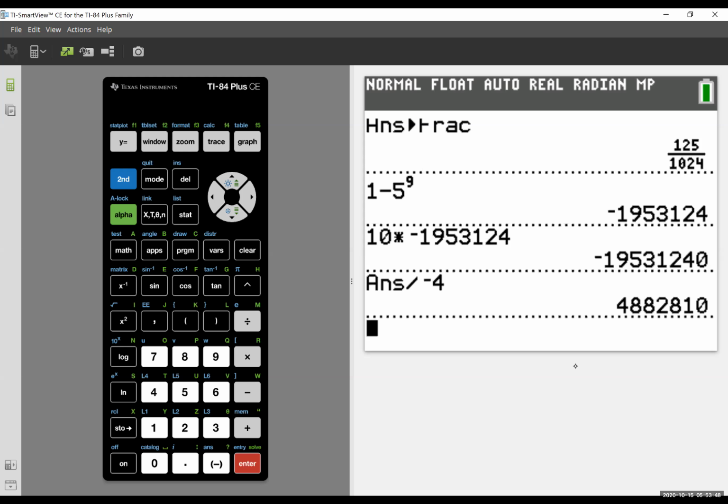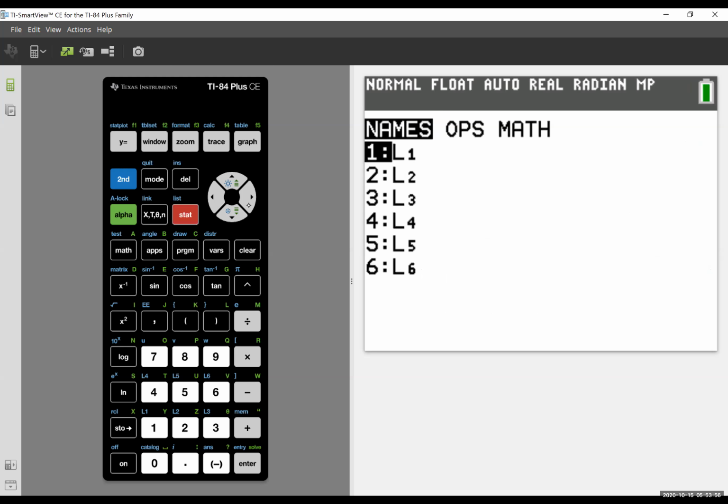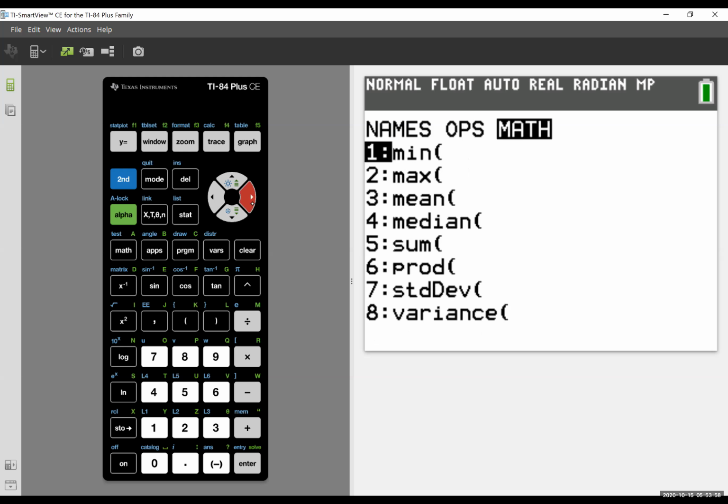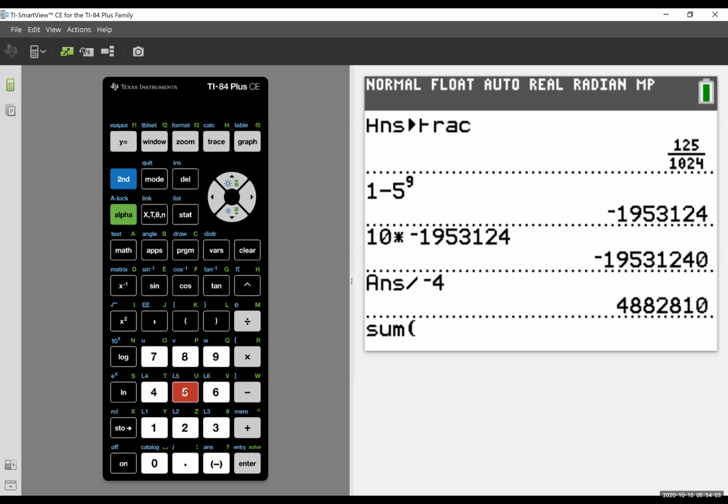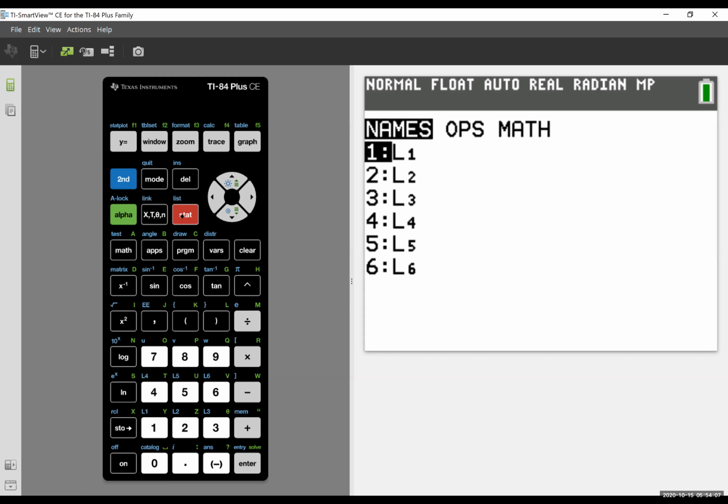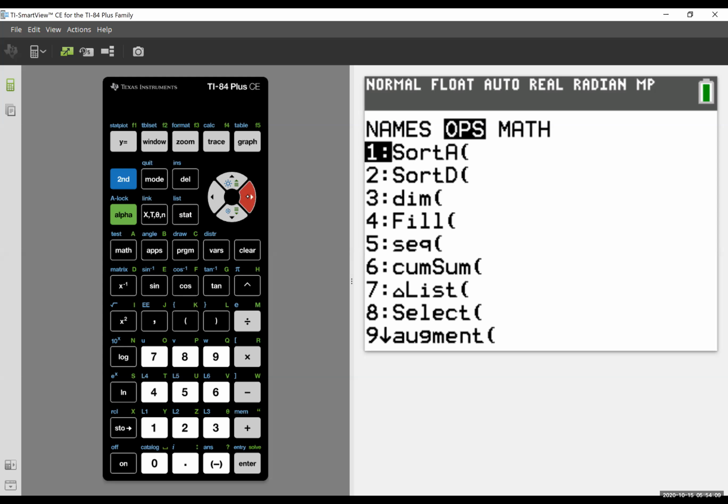I'll remember if we are doing this, we would press second stat. That's our new idea. We'd be looking at math to find sum. That's item number 5. We'd also be going back second stat to talk about the sequence. That's under operations.